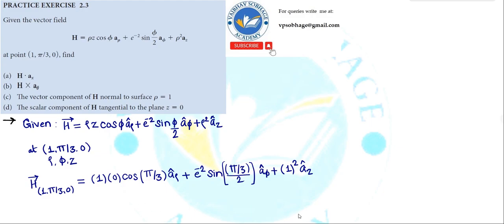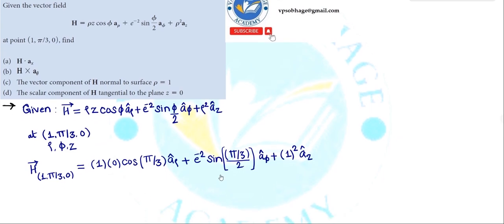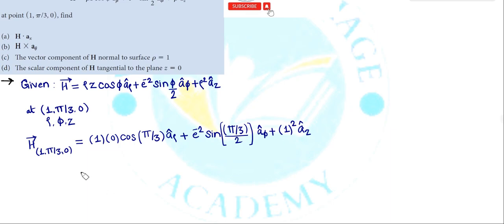Now we are going to simplify this equation after putting in the values. If you look at the very first term, it is multiplied by 0, and anything multiplied by 0 is 0, so that will be the component along a_rho. Then the second term: we have e raised to the power minus 2, which is to be multiplied by sine of pi/3 divided by 2.